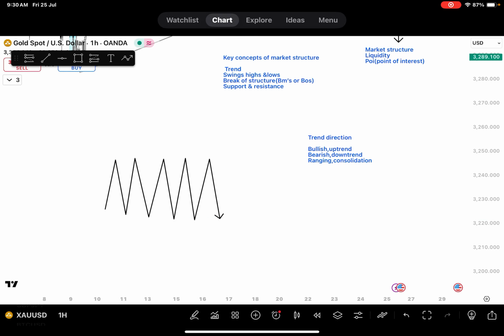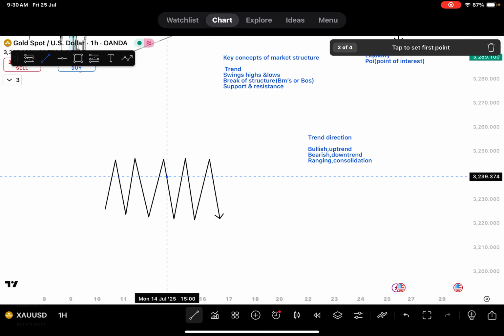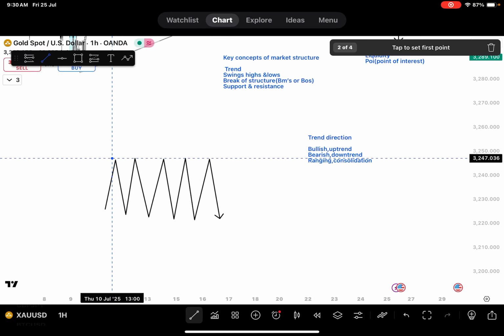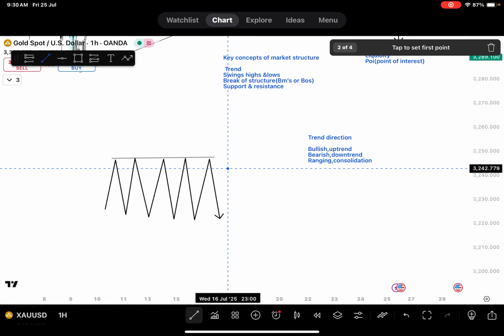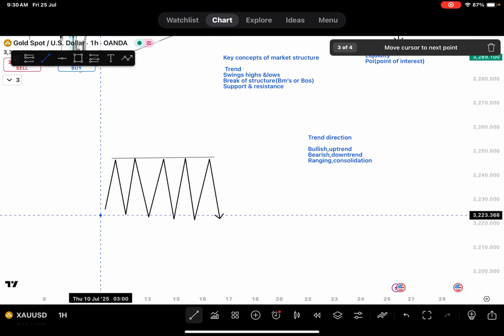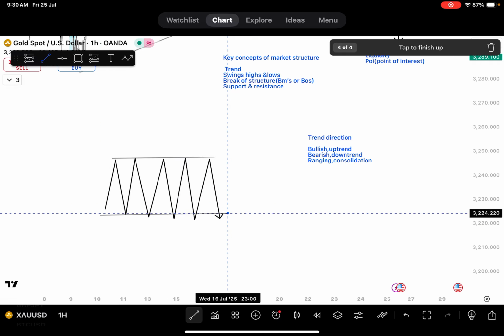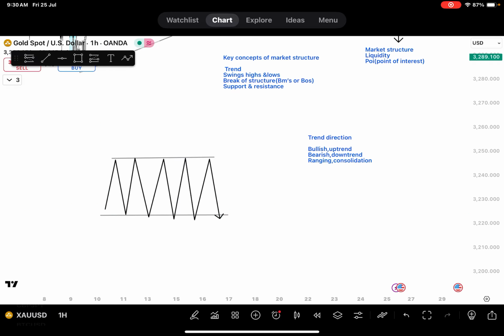You understand? When the market is ranging, you can see that this market is moving within a particular zone. The market is not bullish, it is not bearish. That is, the market is not going up, it's not going down. It is just moving within a particular region. When the market moves within a particular region like this, it is referred to as a ranging market.